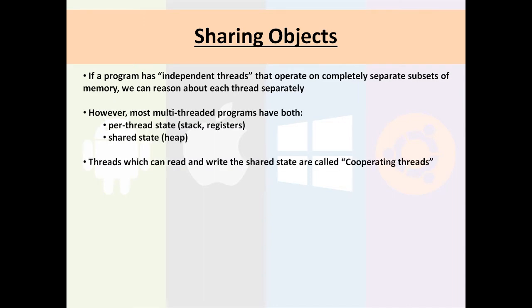The problem is most multi-threaded programs have both a per thread state, and this is what we discussed last week, and this per thread state was made up of our stack as well as any registers pertaining to that specific thread, as well as that shared state, which was the heap.